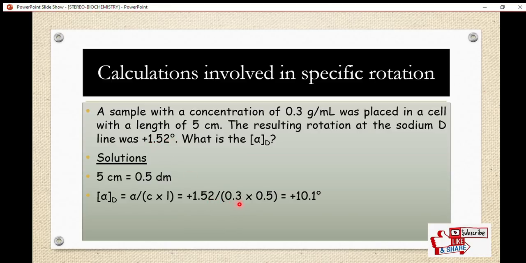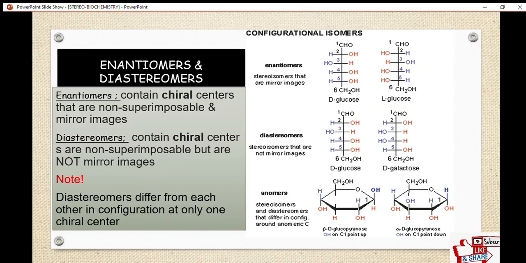That's divided by 0.3 times 0.5, and it's going to give us plus 10.1. So the specific rotation is 10.1 in the positive direction. This is how you can do some basic calculation in specific rotation. You can try more examples, and it will really help.